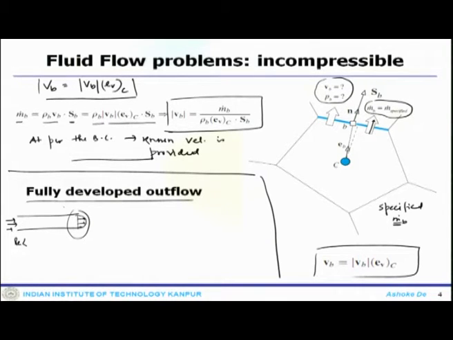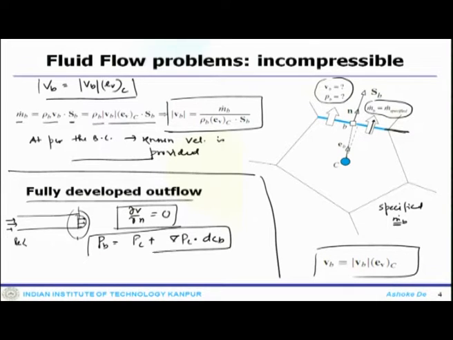So, the velocity gradient normal to the outlet phase is going to be again 0. So, del V by del n at this particular phase, if it is outlet, is going to be 0. So, velocity at the outlet is essentially assumed to be known and computed from this 0 normal gradient, and for the pressure at that boundary, one can calculate Pb equals to Pc plus delta Pc dot dCb.